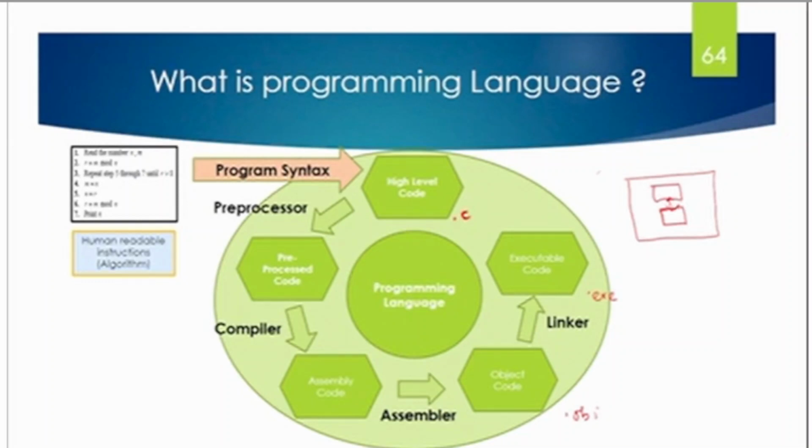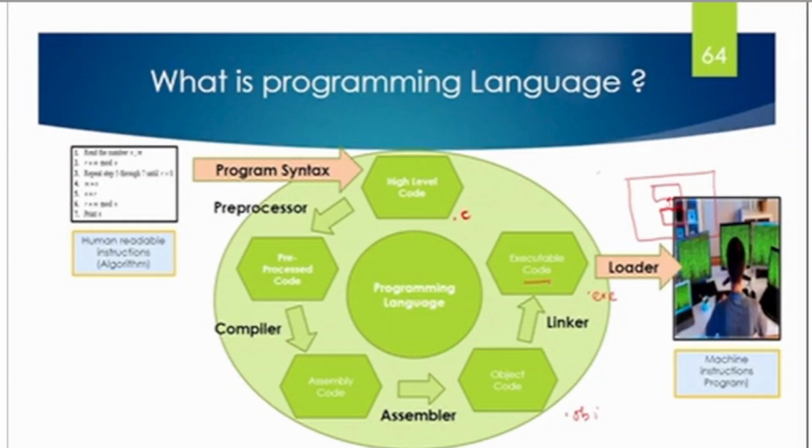Now the executable code you can execute, and before the final execution, another predefined program, the loader, comes into the picture. It takes the executable code and loads it into the random access memory, or RAM, and from that RAM we execute our final program. So this is the full life cycle of how C programming works.